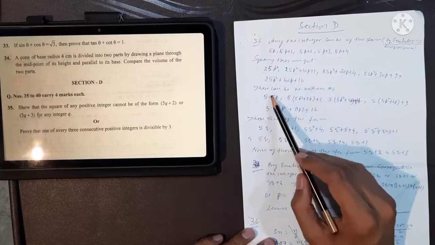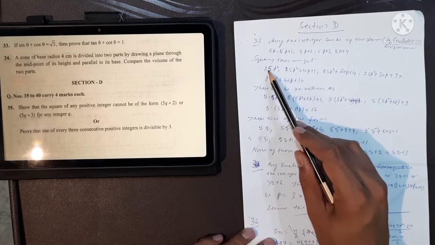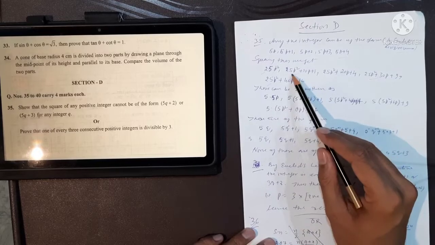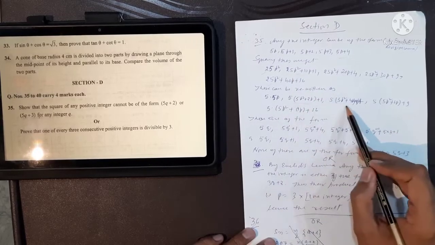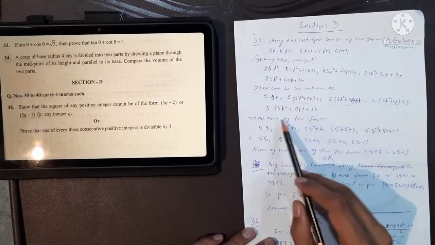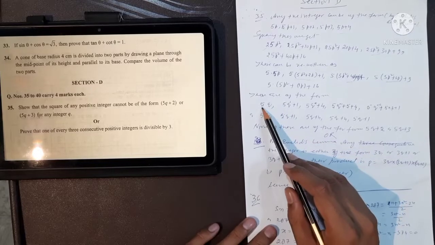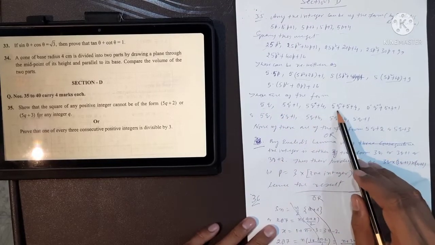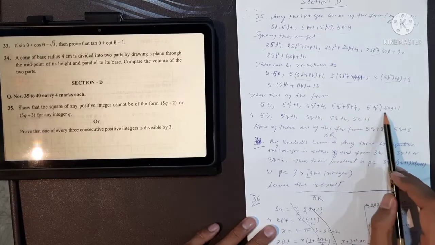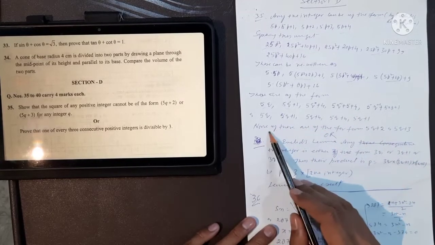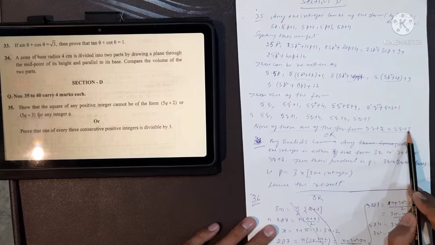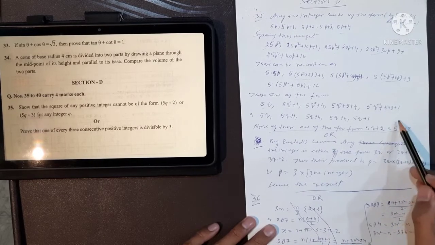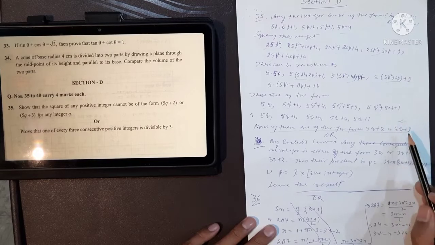These can be rewritten as 5 into 5p, like 25 is broken into 5 times 5, and similarly the other parts are broken. These can be written as 5q, 5q' plus 1, 5q' plus 4, and so on, but none of these are of the form 5q plus 2 or 5q plus 3. Hence we have proved the given condition.